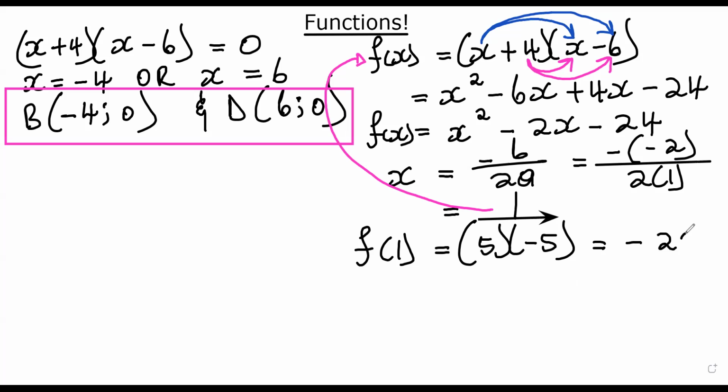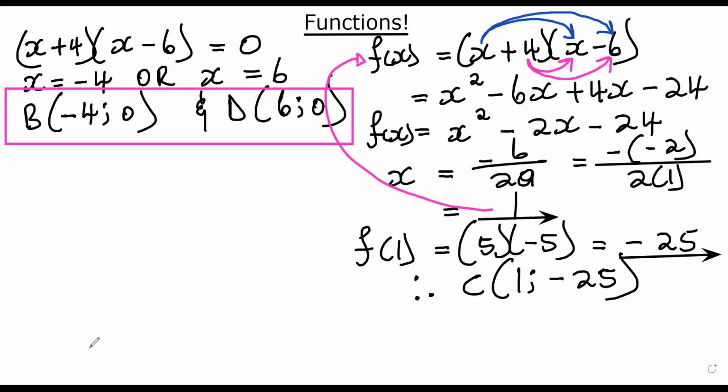So it means the y value is just going to be negative 25. So now you can conclude and say, therefore, the coordinates of the point C will be 1 and negative 25.